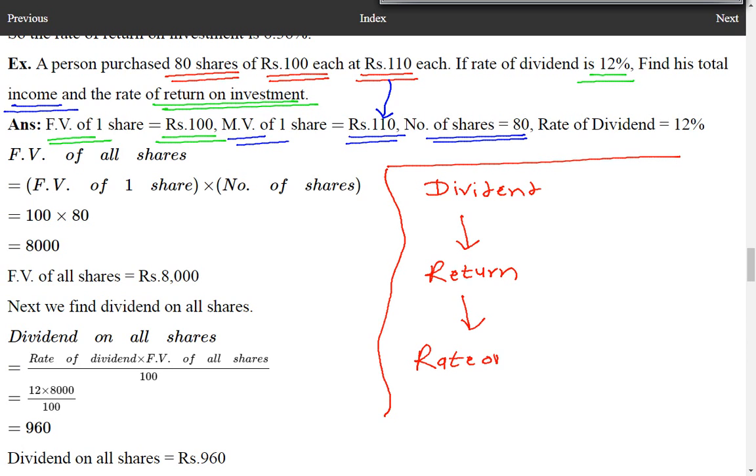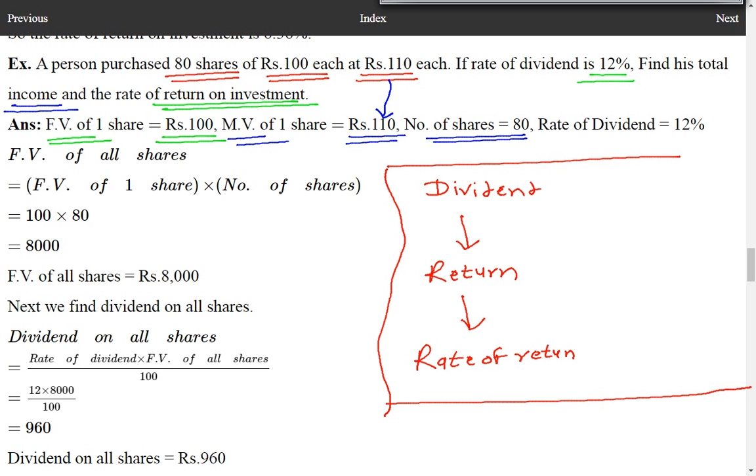Many examples from this chapter are based on this outline. Remember the outline to find rate of return: it is dividend, return and rate of return. Dividend is profit, whereas return is net profit or net income.